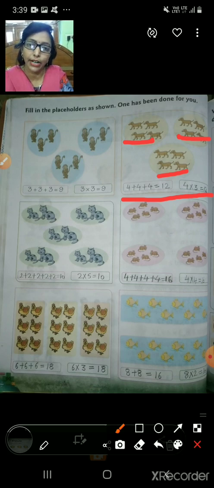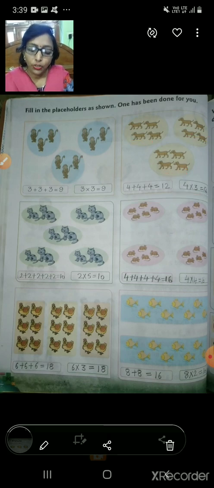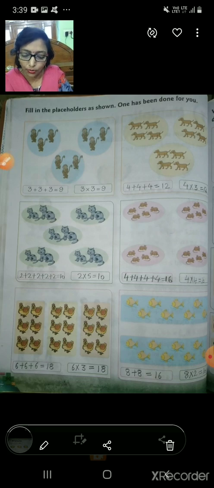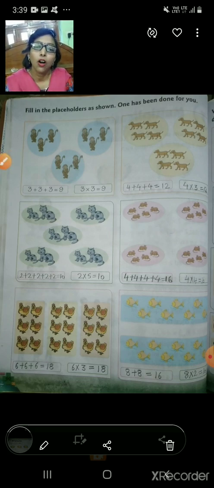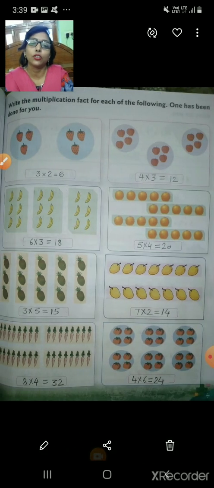You write 4 three times, and its result will be 12. And in multiplication form you have to write 4 into 3 is equal to 12. Like this you will solve all the picture problems.